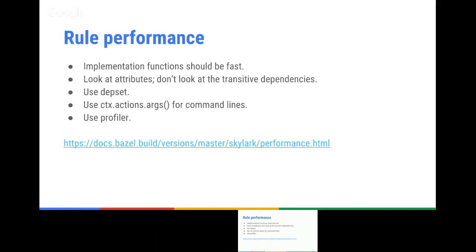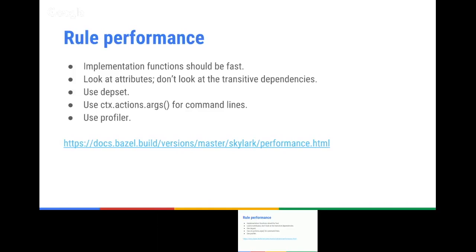And then we can look at the rule performance. So the idea is that evaluating functions should be fast. Typically in your dependency graph, you have many targets. Each target should be analyzed very fast, and we analyze every target in parallel.